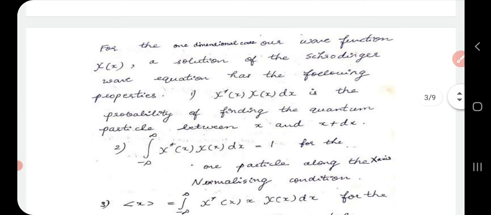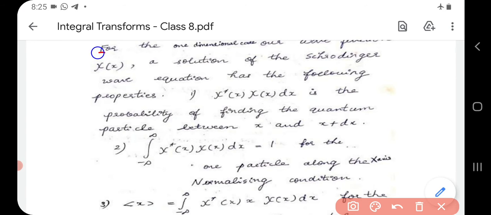Let us consider the one-dimensional case first, then we will discuss the three-dimensional case. Let chi of x be a function in one-dimensional space, and this function is said to have the following three properties.